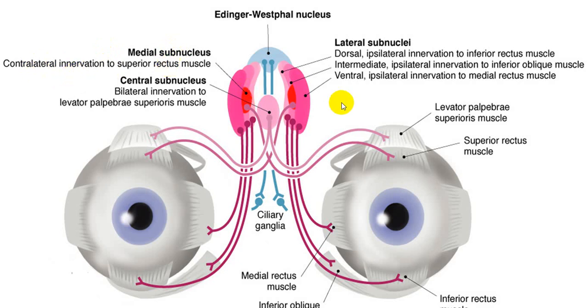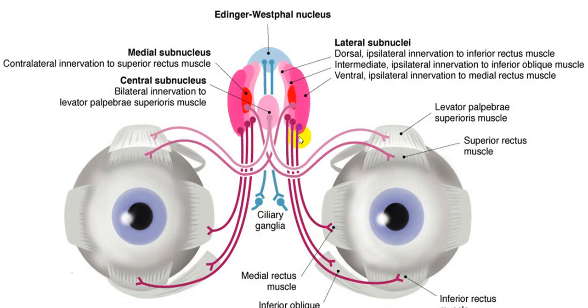So this is the distribution of nerve supply by the third cranial nerve, and the Edinger-Westphal nucleus is the parasympathetic portion. It will be innervating the circular fibers of the iris as well as the ciliary muscle, which is concerned with lens thickness, via the ciliary ganglion.